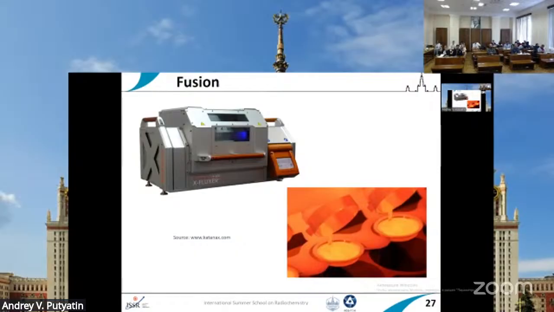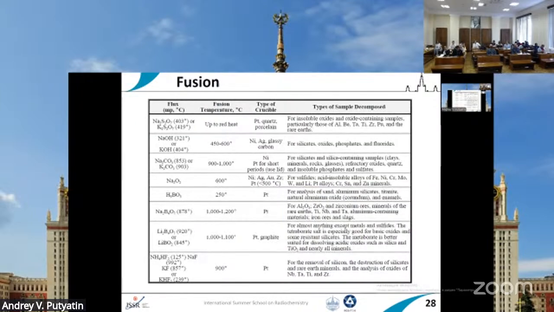So fusion can be made with this Katanax machine. It is a mixture of our sample, normally soil, rocks, construction materials, almost anything. Depending on the main chemical components of the sample you are analyzing, you can choose the flux for the fusion.